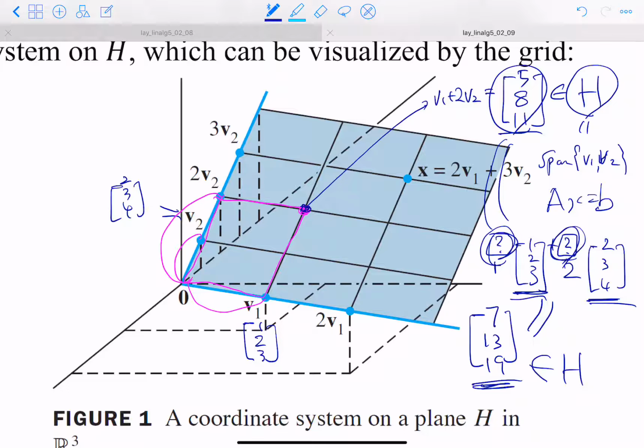Okay, and then we know how we can obtain these two linear combination coefficients. We will just do the row reduction and then obtain the corresponding solution, right? And its actual solution is 1 and 5.